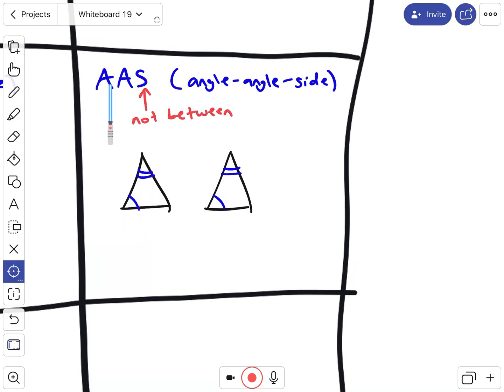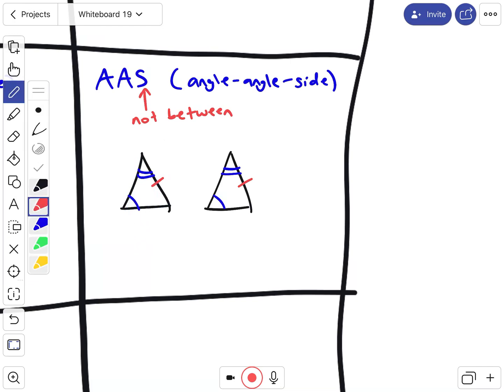So this AAS is not this side, because this side's between the 2 angles. It's actually either going to be this side or this side. So I'm going to make a mark here to choose that side and that side as well. Notice this side is not between these 2 angles.